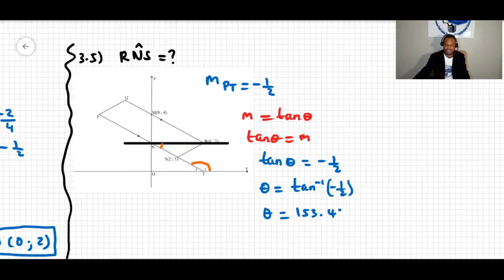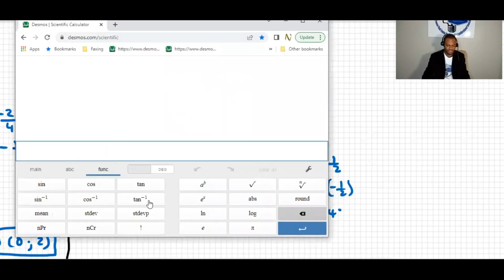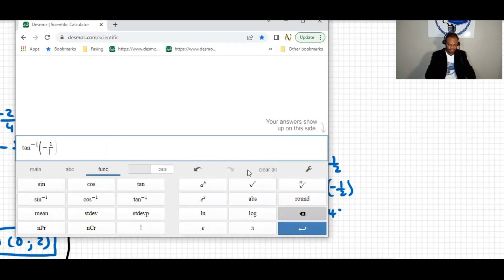Let's just take the calculator quickly. If we press tan inverse of -1/2, we have about -26.5 degrees. So this is a negative angle.